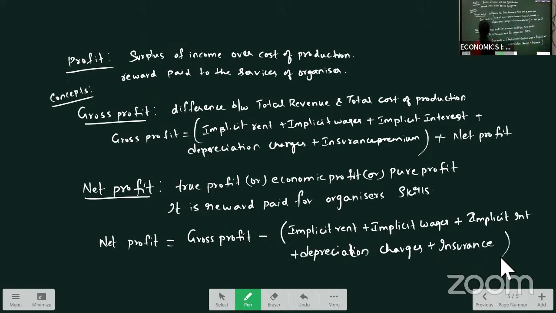So these all are deducted from the gross profit. Then we will get the net profit. Okay. See the difference? Gross means what?